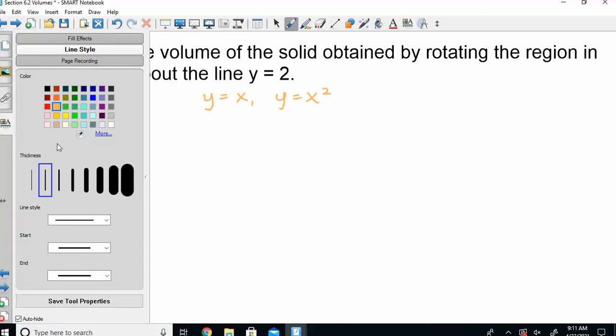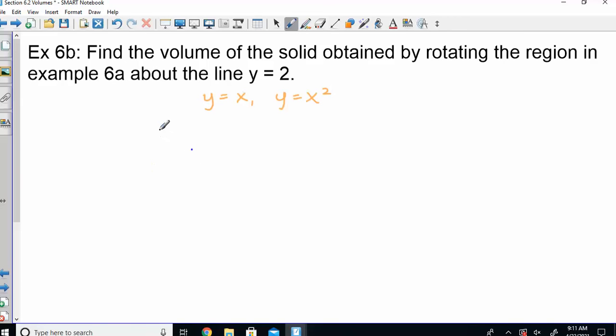So we can start out with our picture the same. We knew y equals x was just the line, they intersected at 1. y equals x squared was the parabola, so we had this little region. What's the line y equals 2? What does that look like? It's a horizontal line at 2.